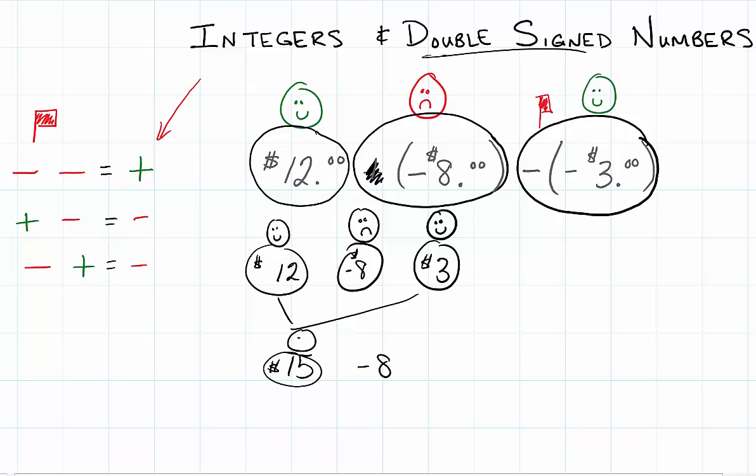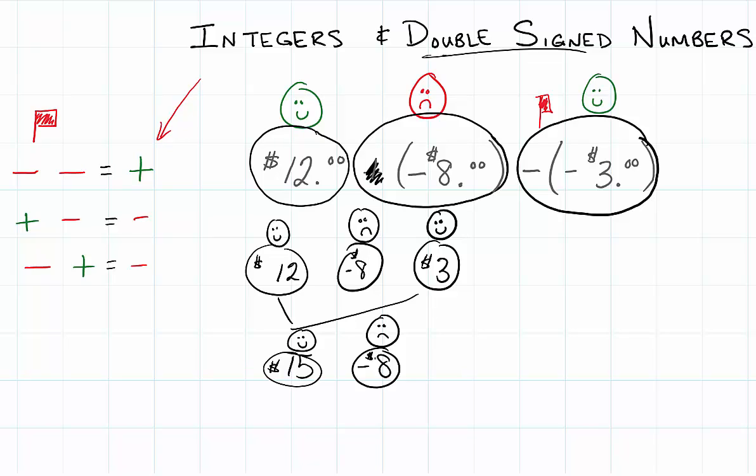Now again, putting our positive face and negative face on these numbers, what do we have more of? That's the question we have to ask ourselves here. Do I have more positive dollars or a positive amount of money, or do I have a negative amount of money and more debt? Here I have more money than debt. How much more money do I have?